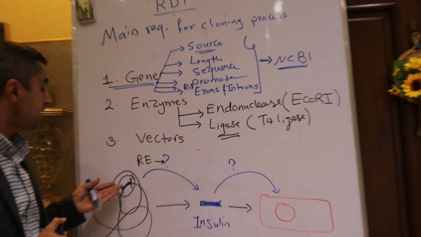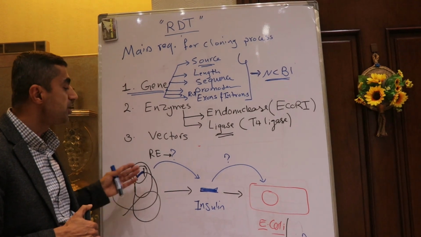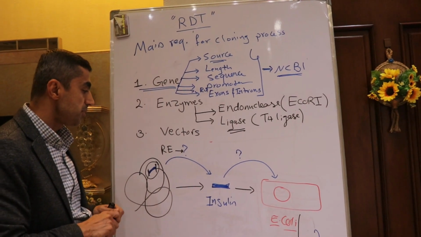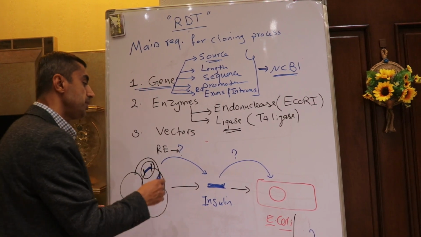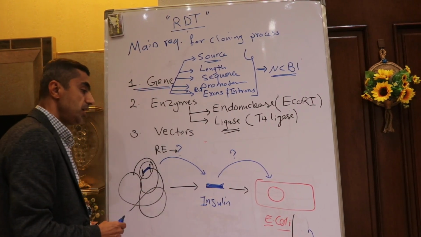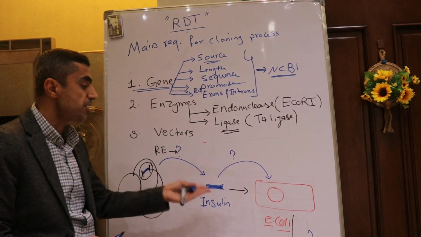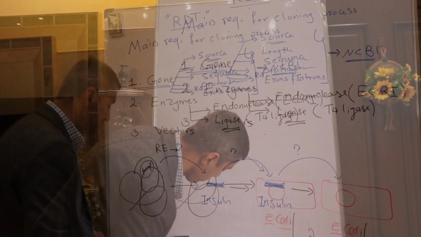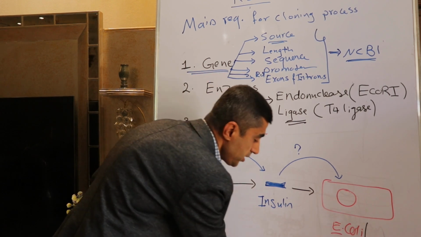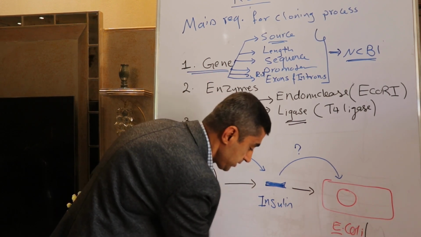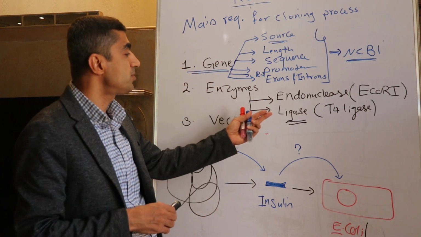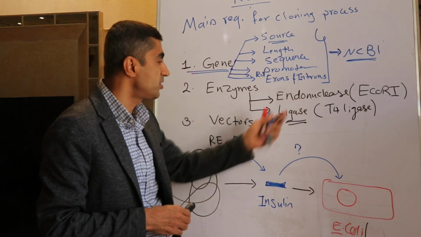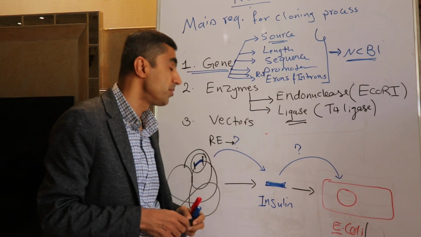The DNA or the targeted gene can be easily bound with the vector or plasmid and can be inserted into a living cell or E. coli cells. So in cloning, we use restriction endonuclease enzyme and ligase enzyme.